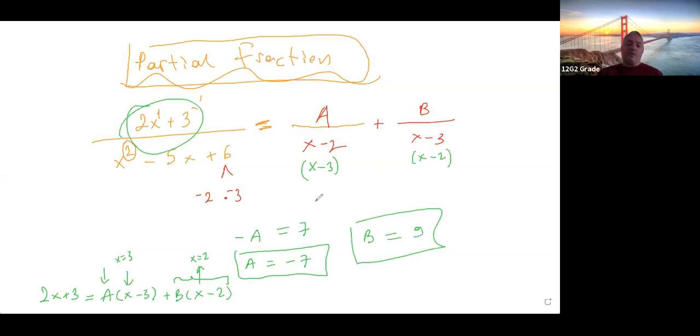The answer is negative 7 over x minus 2 plus 9 over x minus 3. That's it. We expressed the given question using partial fractions.